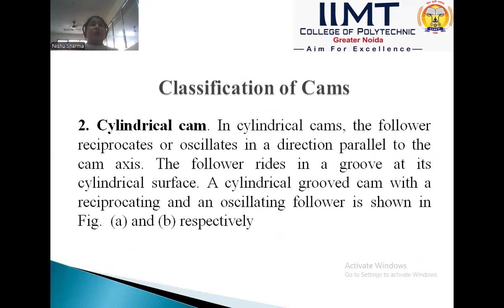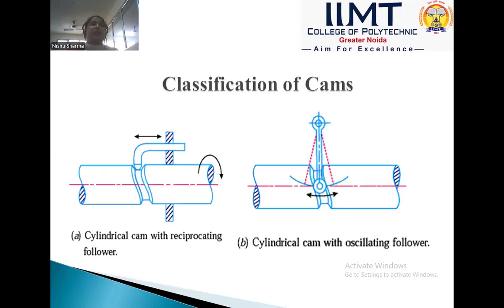Okay, now next is the cylindrical cam. In a cylindrical cam, the follower reciprocates or oscillates in a direction parallel to the cam axis, and the follower rides in a groove. In this diagram, we see that this is an example of the cylindrical cam.